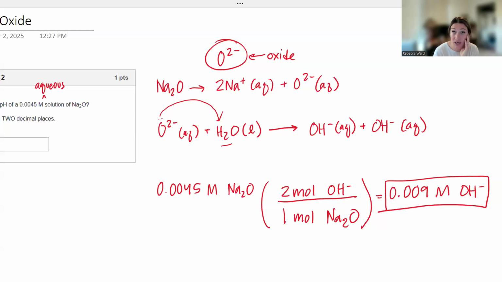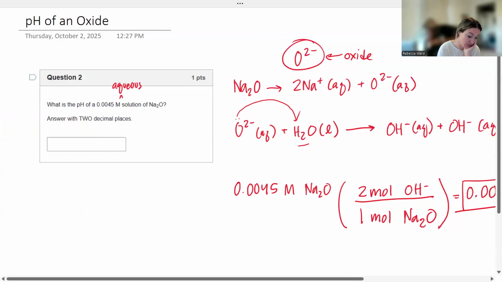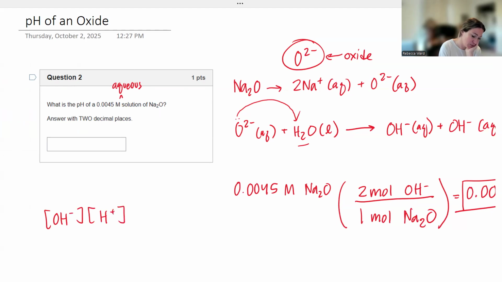That's now what I can use to calculate the pH. So now I'm going to use OH minus times H plus equals Kw, and again, this was at room temp, so Kw equals 10 to the minus 14th.